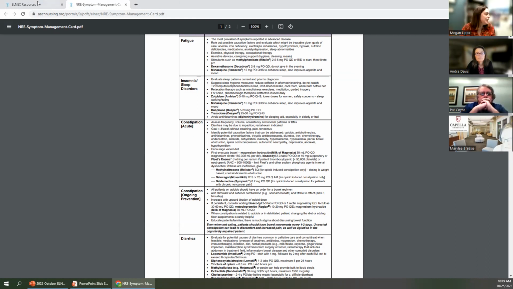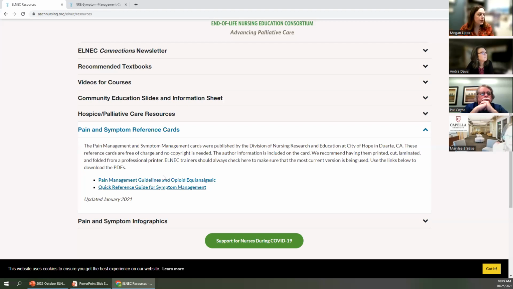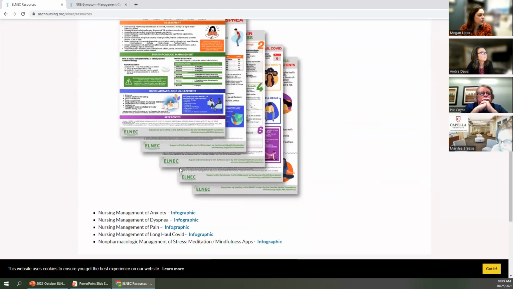And then there's also one for pain management, that's module 3 of our graduate curriculum. But then there's also these infographics. This is where you could download infographics as another resource for students.